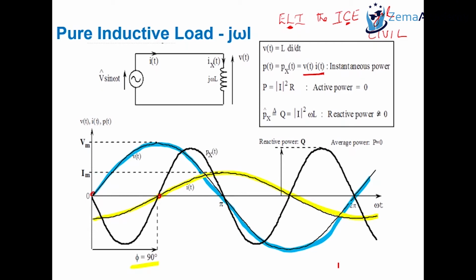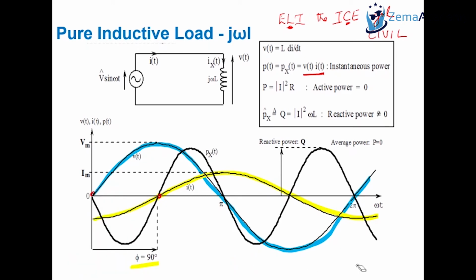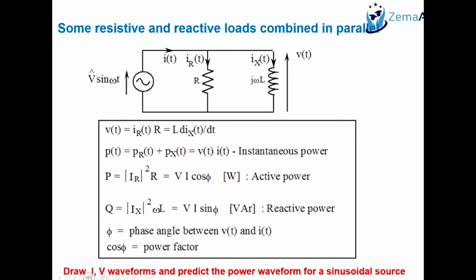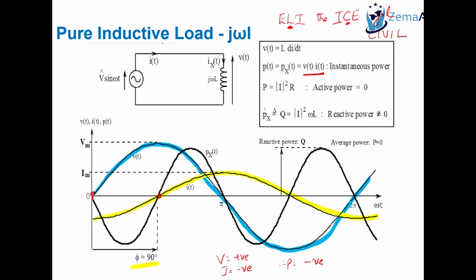Negative, because voltage is positive, current is negative, therefore power will be negative. And you can see that the power here, which I'm drawing in red now, is negative between 0 to 90 degrees.